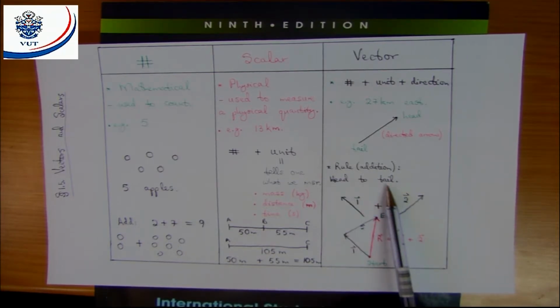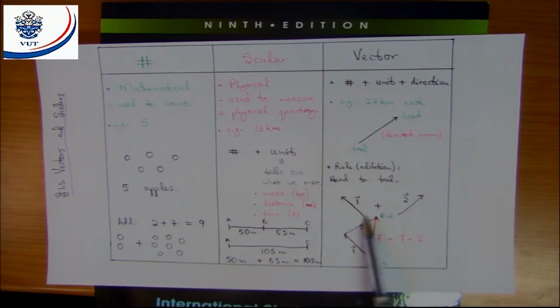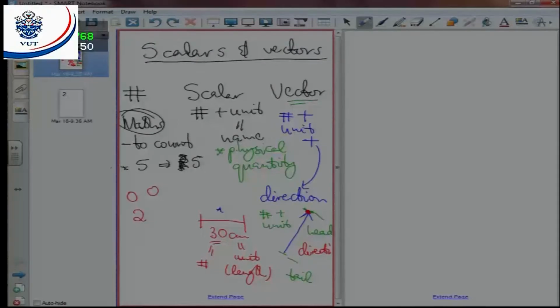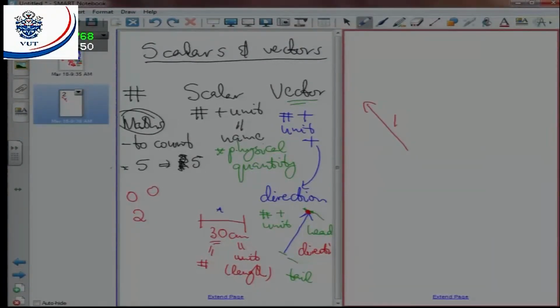So if, for example, you have 2 vectors, vector 1, and you want to add vector 2, let me just show you here on the screen. For vectors, there's a notation we use, and we draw half an arrow on top of what we are talking about to show that it's very different from a scalar and the fact that it has direction.